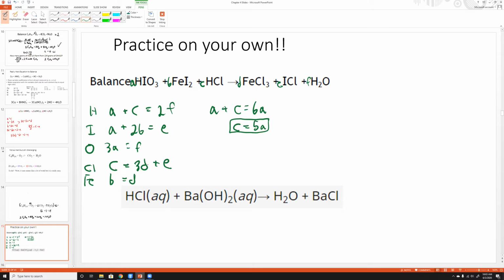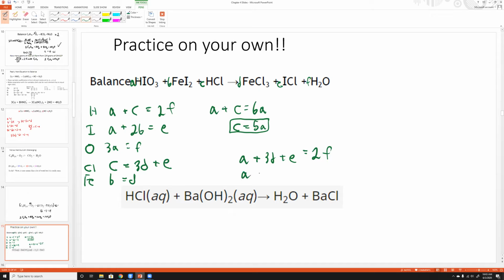So if you know that C is 3D plus E, you can replace this C with 3D plus E, and A plus that equals 2F. We know that B equals D, that wouldn't help us. We can solve for F. We can put in that F equals 3A.